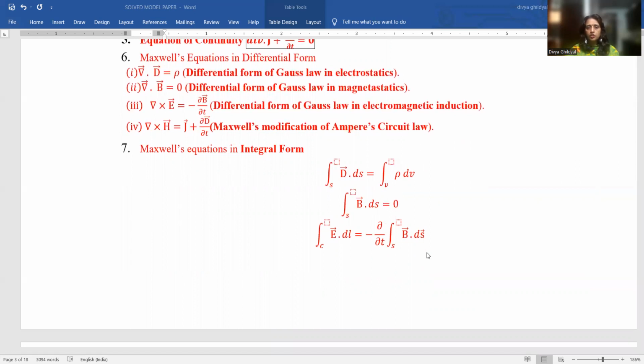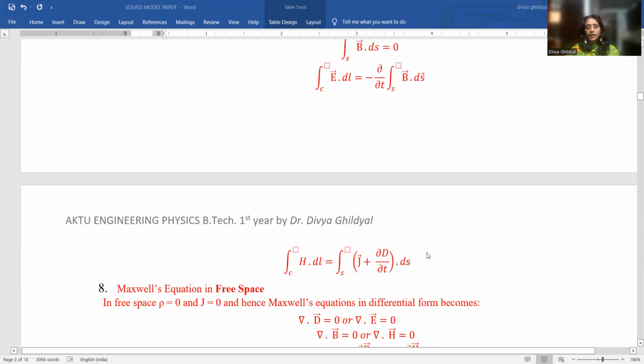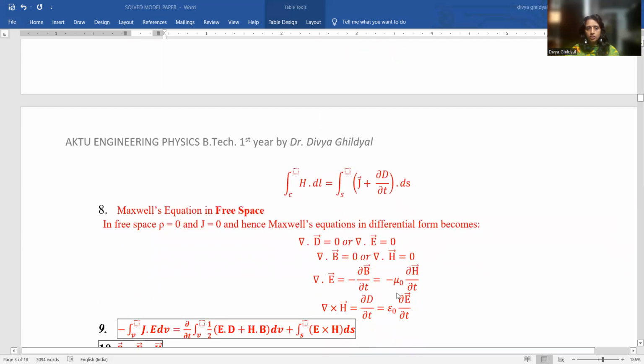Integral B dot ds is equal to 0. Integral E dot dl is equal to minus del by del t integral B dot ds. Integral H dot dl is equal to integral of J plus del D by del t dot ds. Modified form of Ampere's circuital law.